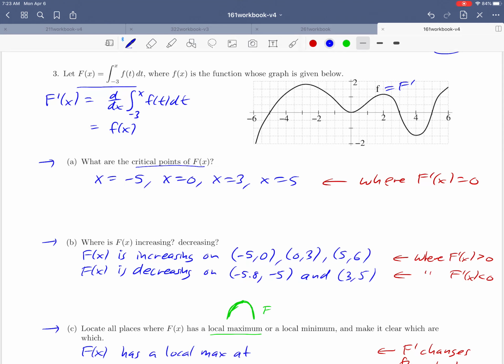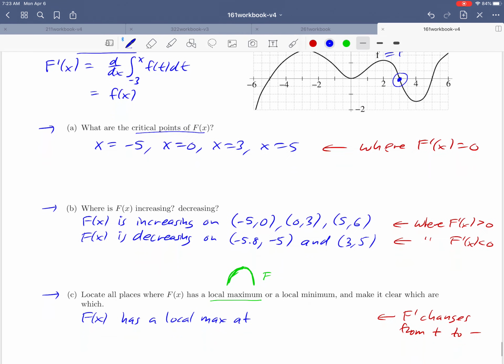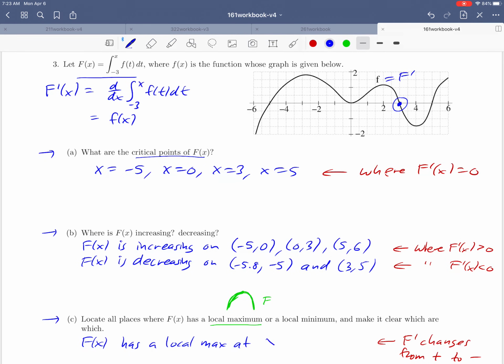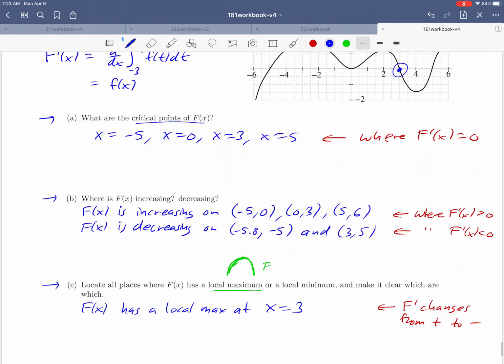That would mean we're looking for a point where we go from above the x-axis to below the x-axis. Okay, well I think I only see one point like that, and that would be here at 3. At that point, our derivative graph is going from above to below, so that should mean that the function capital F should have a local maximum there. Right, so x equals 3. Okay, and a local minimum would be exactly the other way around.